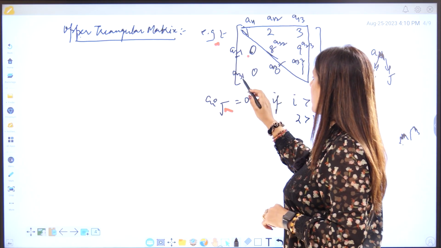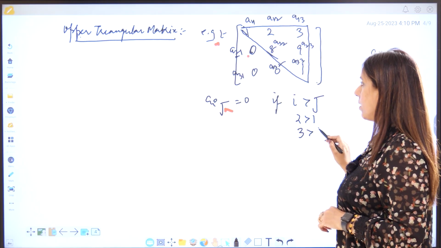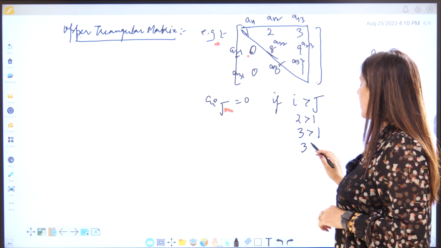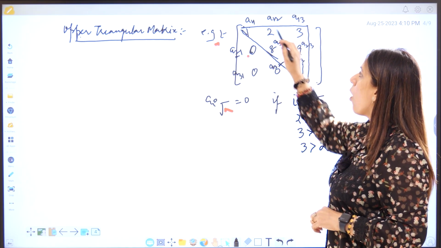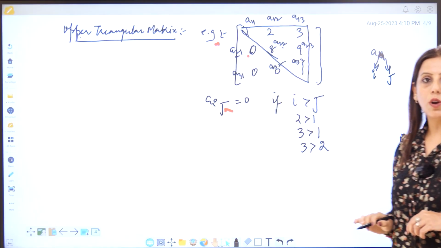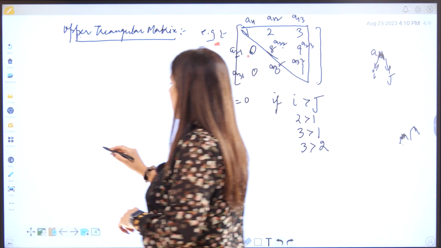And similarly, you can check 3 is greater than 1, and 3 is greater than 2. The rest are all same or less than or equal to i. Right?